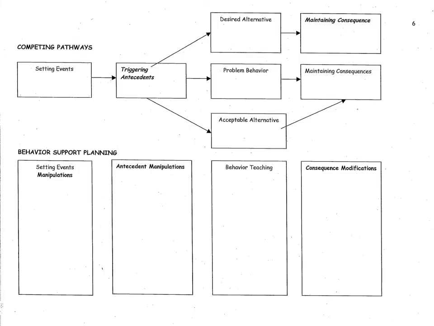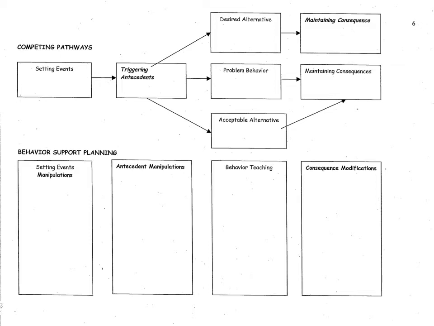When you develop a BIP, Behavioral Intervention Plan, this form is the first thing you need to fill out. The upper part is called competing pathways. From your FBA, you will be able to fill out setting events, antecedents, problem behavior, and maintaining consequences, the contingencies. Desired behavior, the very top part, is what's supposed to happen.